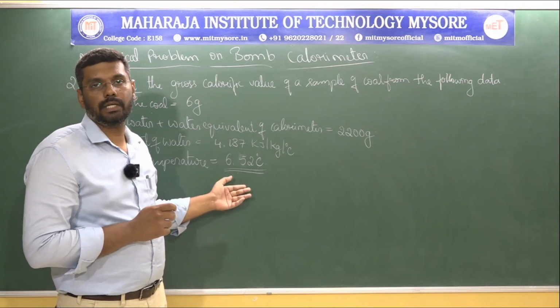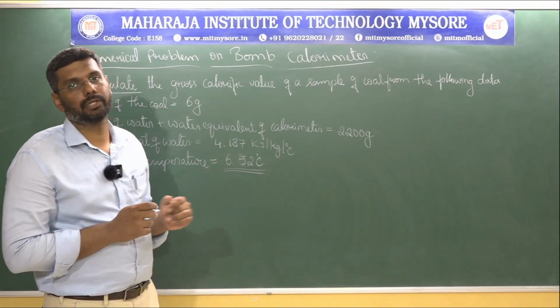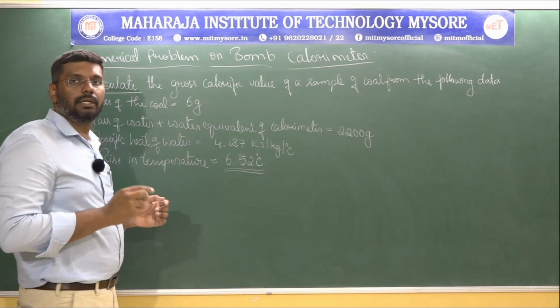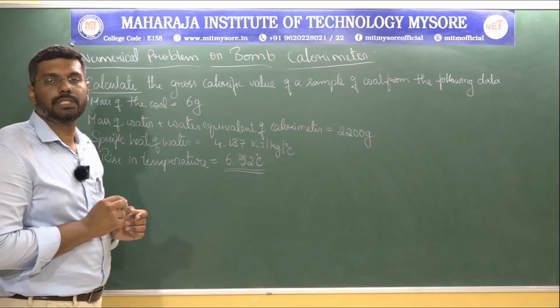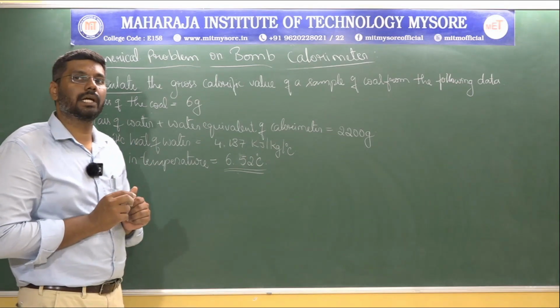So what are the things that have to be converted? That is very important. First we need to convert the mass of the coal, which is given in grams, into kilograms. How to convert grams into kilograms?